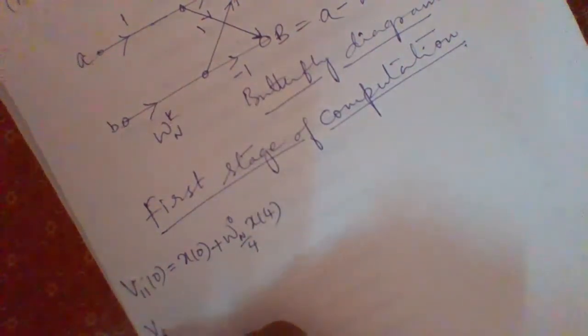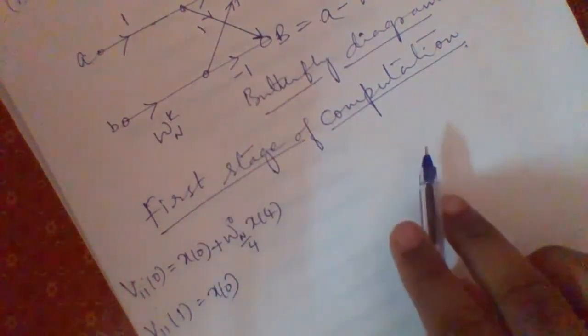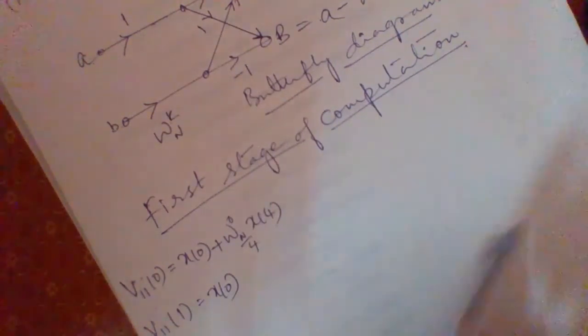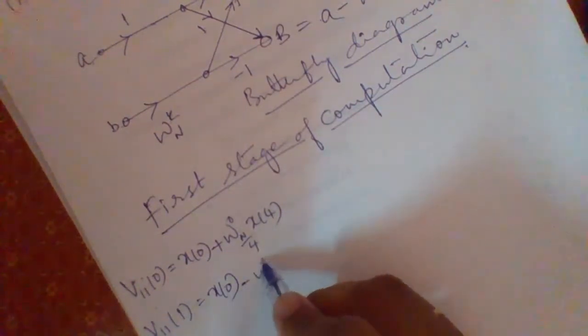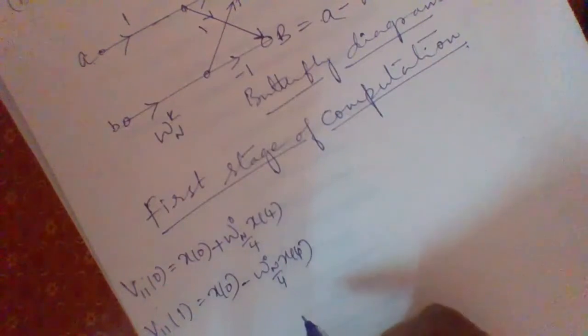And the other one is V11 of 1, which is equal to x of 0 minus W raised to 0 n by 4 into x of 4.